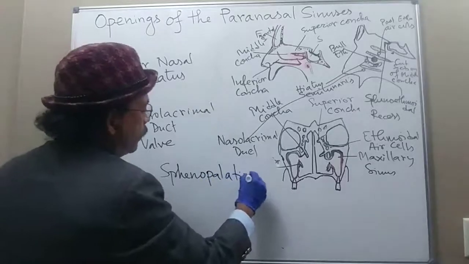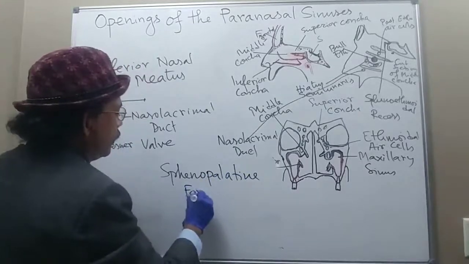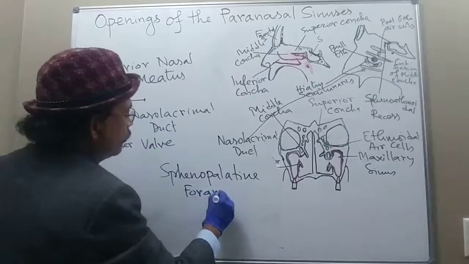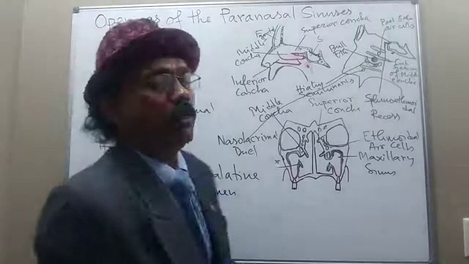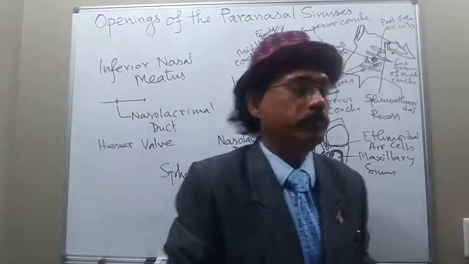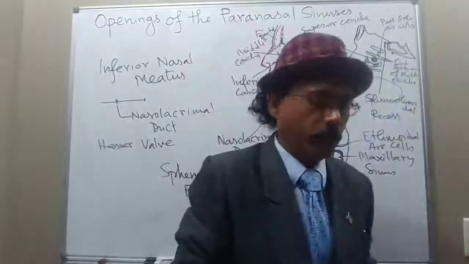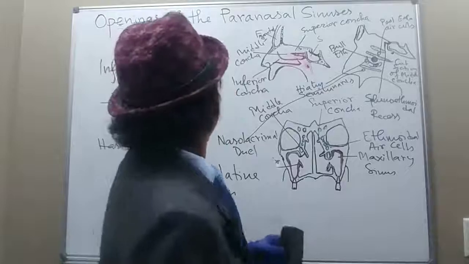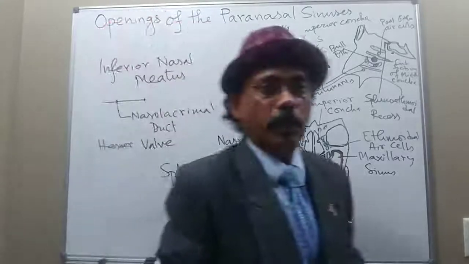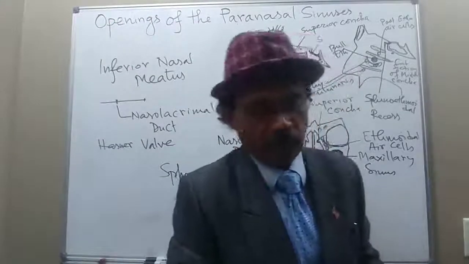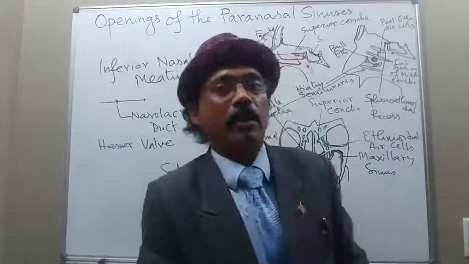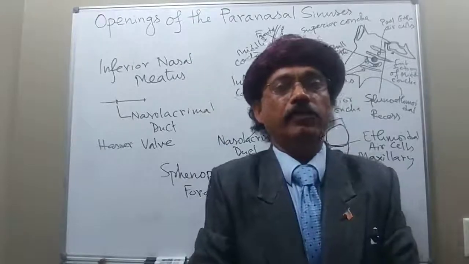That is present at the junction between the perpendicular plate of the palatine bone and the body of the sphenoid bone. Okay, we got that, and that's all about the opening of the paranasal sinuses into the lateral nasal wall.